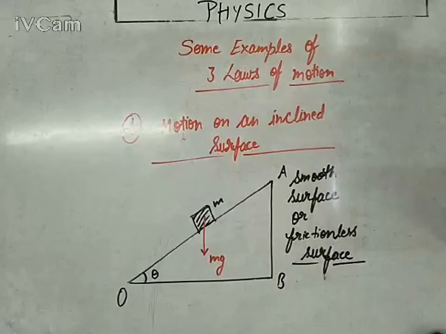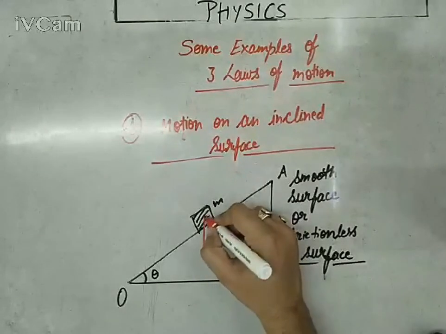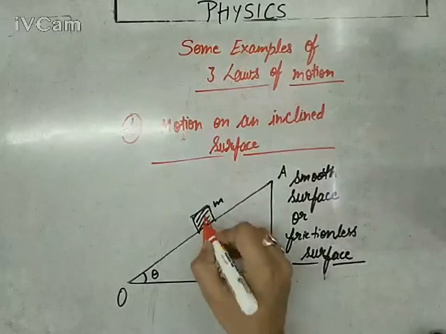Now its weight mg has two components effective on the inclined surface. One is responsible for compressing the inclined surface, and the second is responsible for sliding the body down. So we should break down the components.